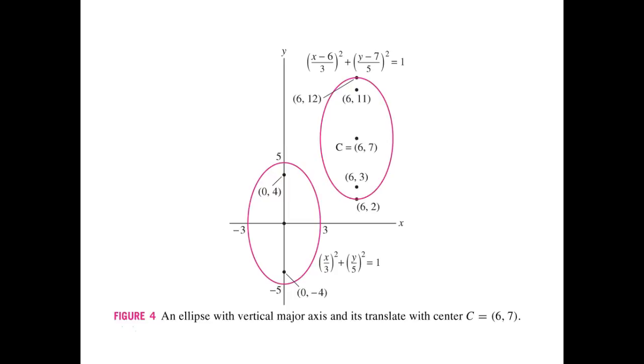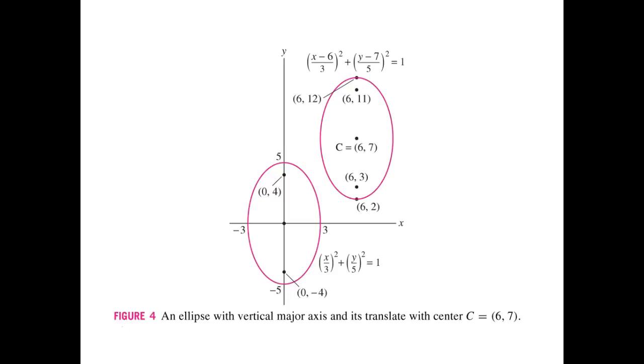If you're translating from the origin to the point (6, 7), x has shifted 6 units, so that's x minus 6. Remember, anything you do with it, you're going in the opposite direction. But now you use that same rule for y minus 7 squared, and other than that, it's the same.